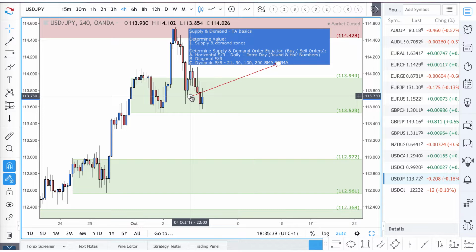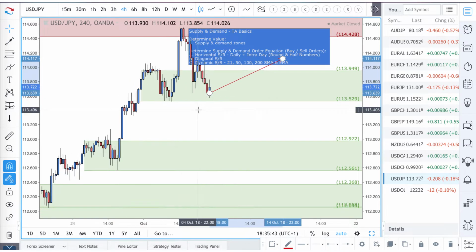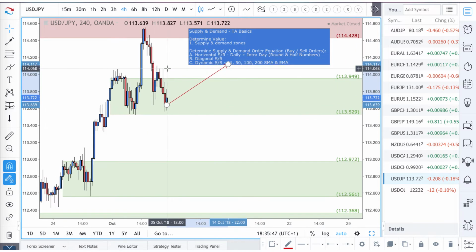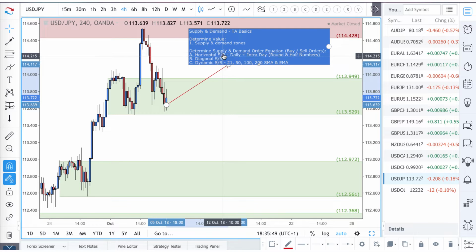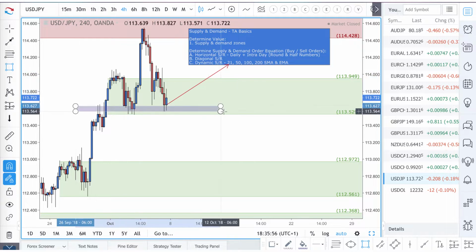So yeah, we've got an opportunity this week to get long, right? So apply your supply and demand basics principles. For example, at the moment horizontal support and resistance would be something like this, right, where you've got resistance, support, a bit of support right at the moment.